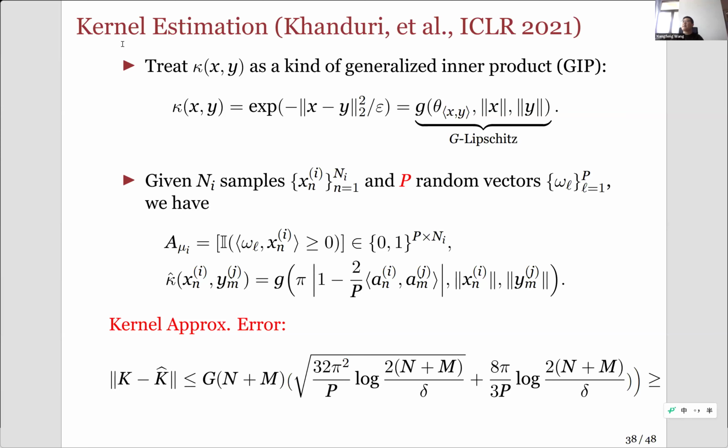Each source agent I computes a binary sketch of its data by checking the sign of the projections. Similarly, target agents compute A gamma J. Remarkably, the inner product of x and y can be approximated using only these binary sketches and the norms. Let's call this approximation kappa hat, and the error is bounded and decreases with the number of projections P.